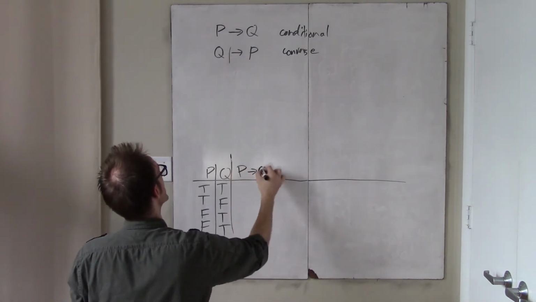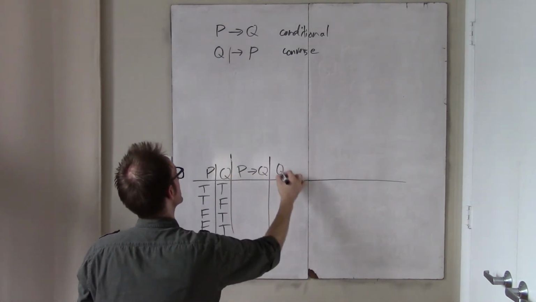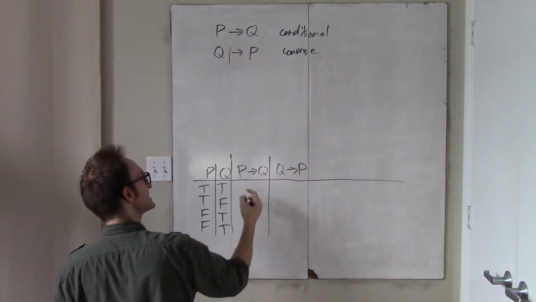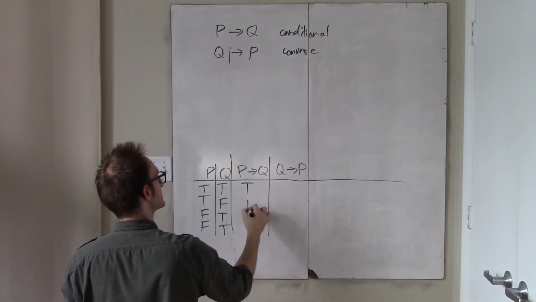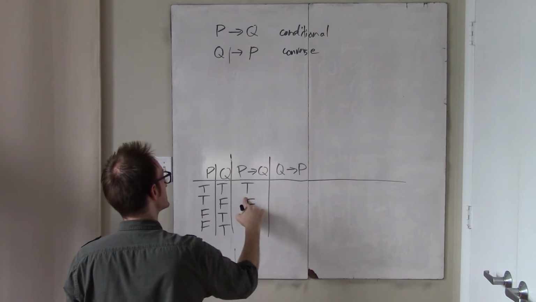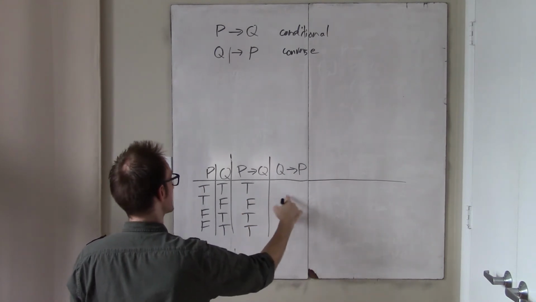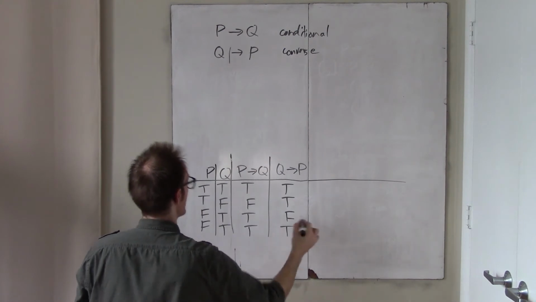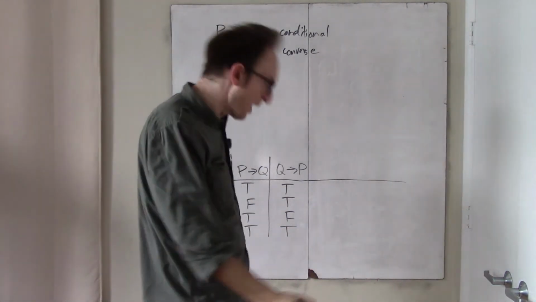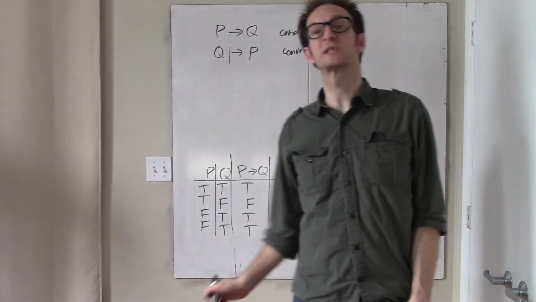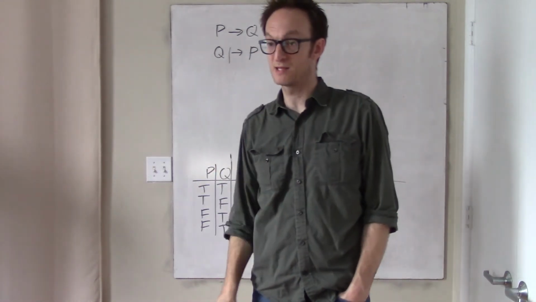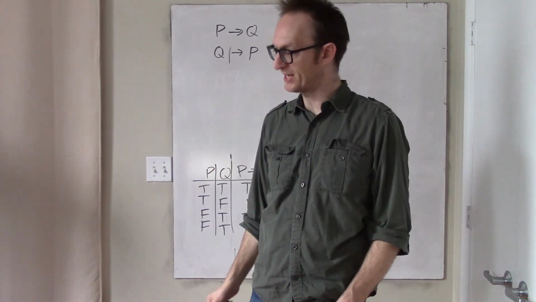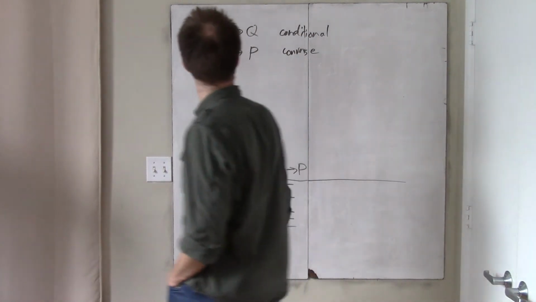This is P arrow Q, but this is Q arrow P. You've seen this already, but this is true, false, true, true, while this is true, true, false, true. So a proposition is not logically equivalent to its converse. They are different, and that's a confusion people make every now and then. Don't be that person.